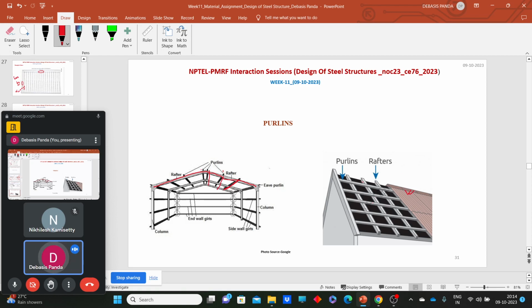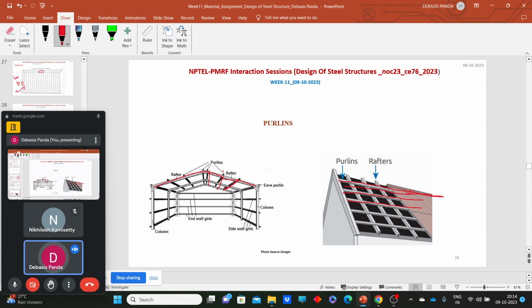Here you can see the top view of this section. The purlins are aligned like this and placed like this with some spacings.